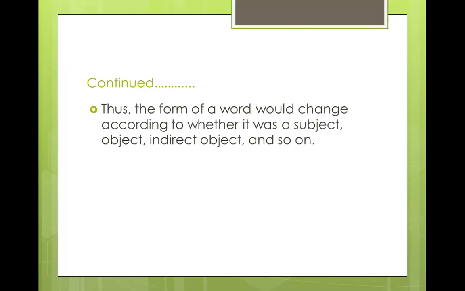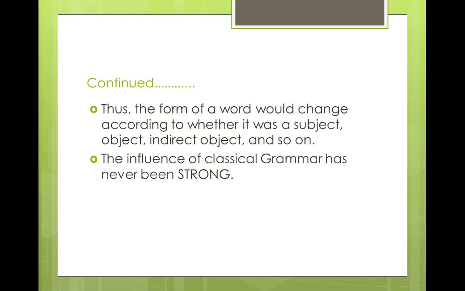The form of a word would change according to whether it was a subject, object, indirect object, and so on. And the influence of classical grammar has never been strong. So that was classical grammar or traditional grammar.